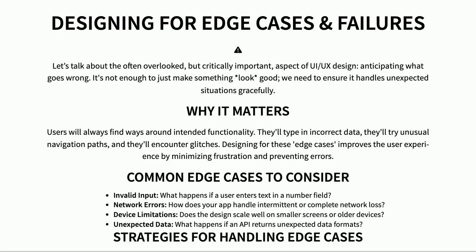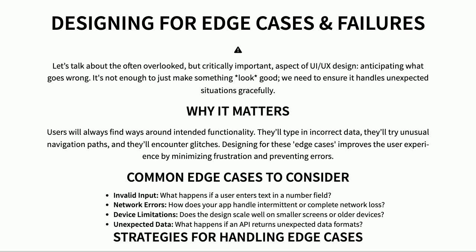Okay, so let's get real. Things will go wrong. As UI/UX designers, our job isn't just to create beautiful interfaces, it's to build systems that are resilient and forgiving of user mistakes. It's super important to think about these edge cases, those unexpected scenarios where users might do something you didn't anticipate. We need to consider things like invalid input. What happens if someone accidentally types letters into a number field?